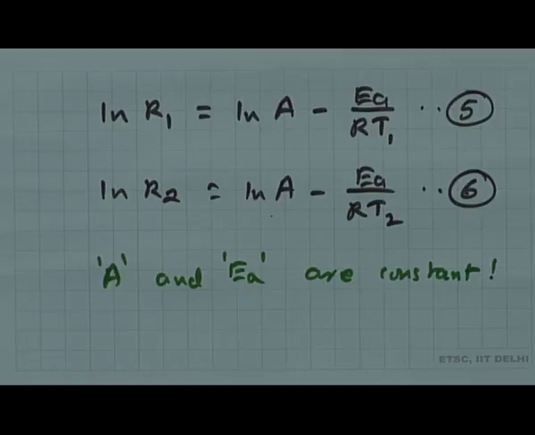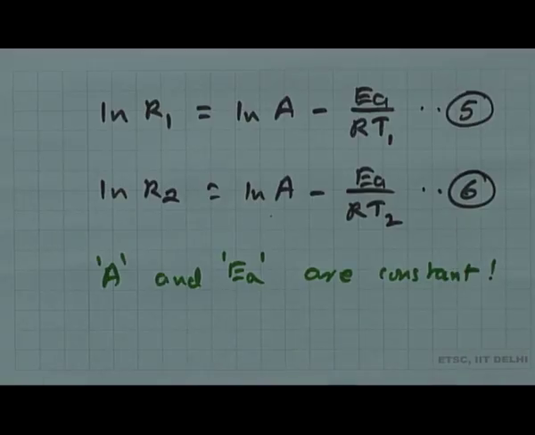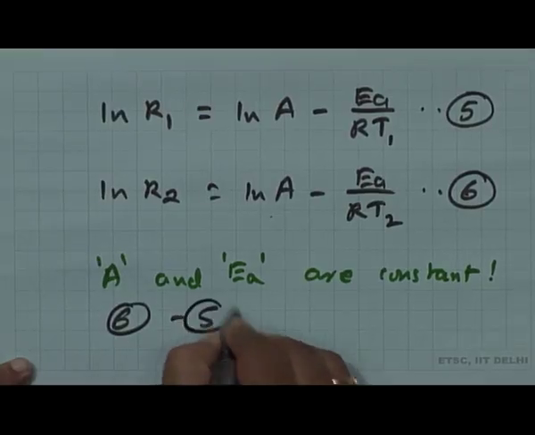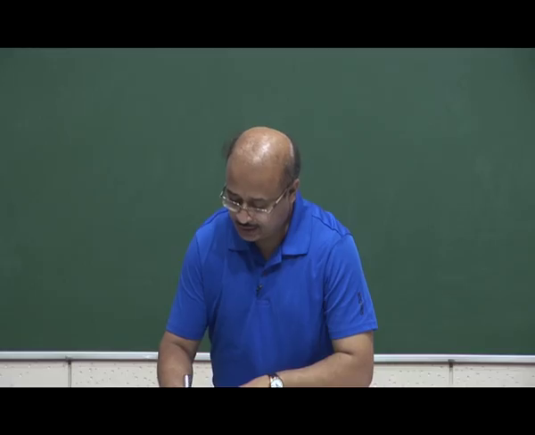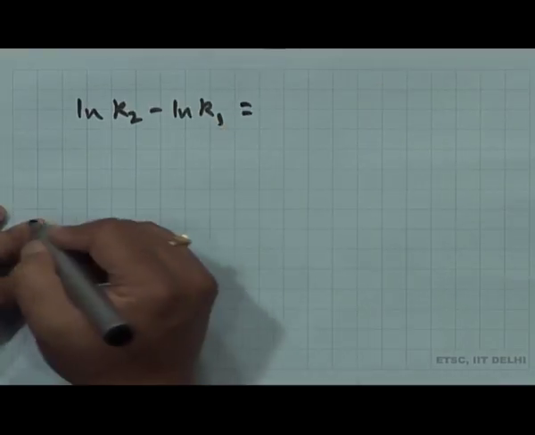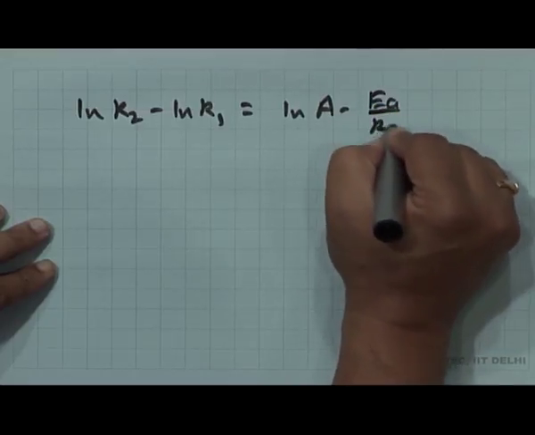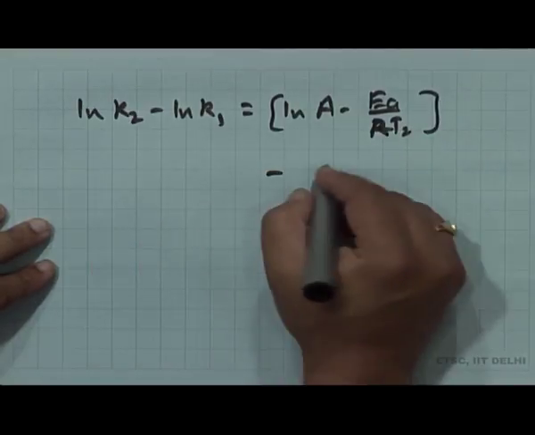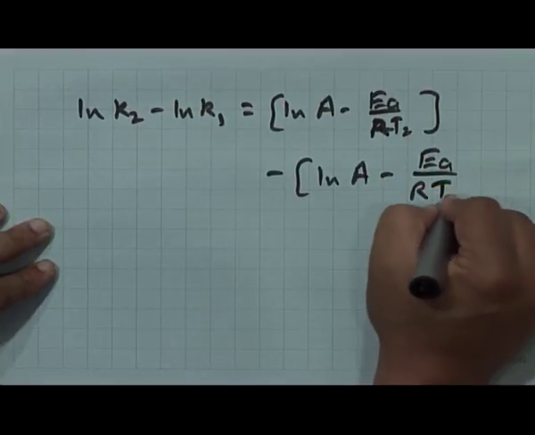So, then what you can do is, now I will subtract equation 5 from equation 6. So, equation 6 minus equation 5 will give me natural log K2 minus natural log K1 is equal to ln A minus Ea over RT2 minus ln A minus Ea over RT1.